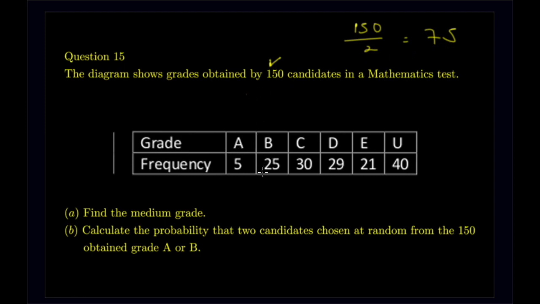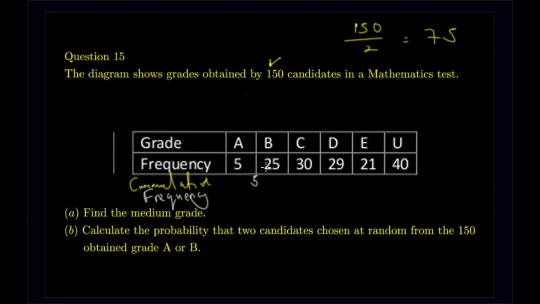Here after A we only have 5. This one is called cumulative frequency. So let me just change the pen a little bit. Cumulative frequency after this one is 5.